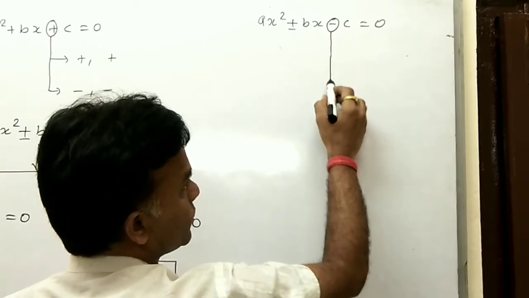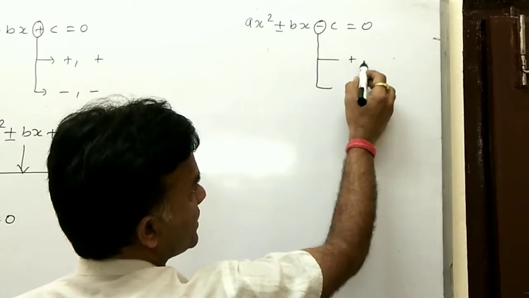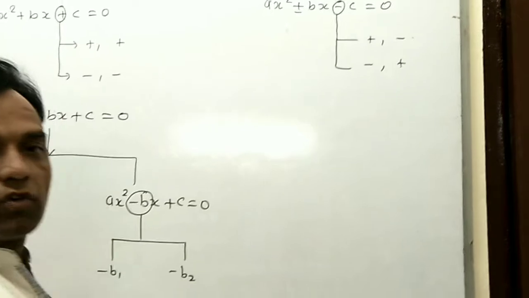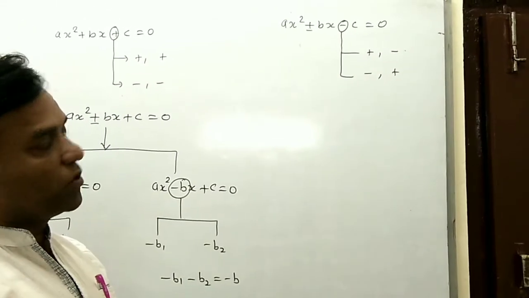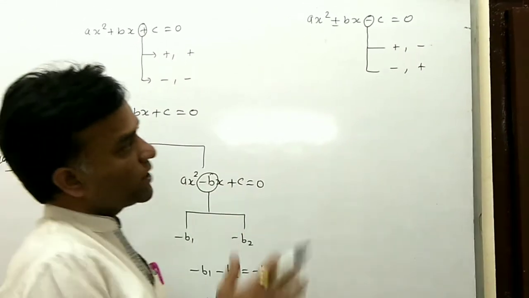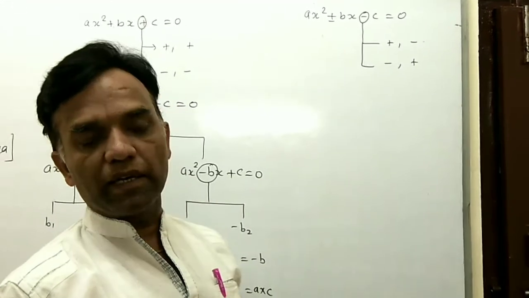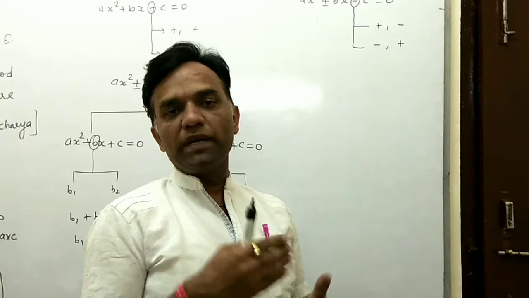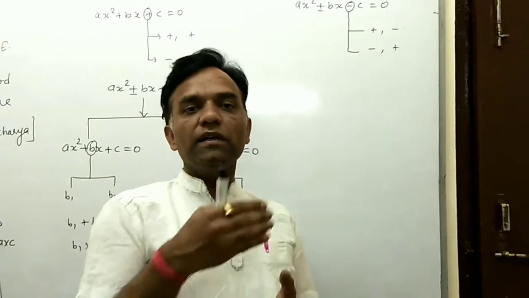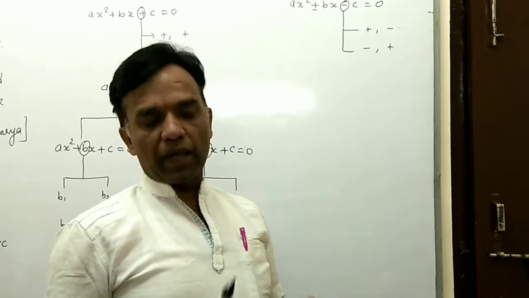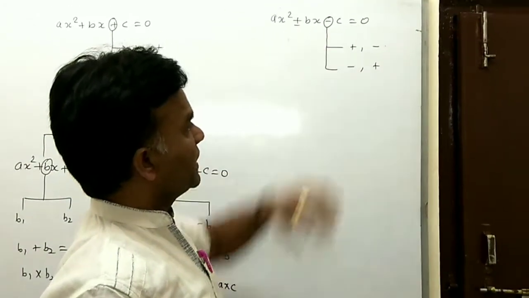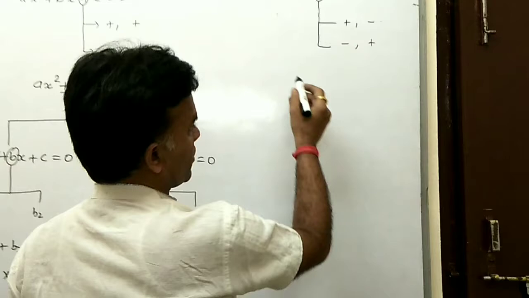So you again have two options, one positive and the other negative. You split the middle term into two parts, one positive and one negative, depending on the middle term. If your middle term is positive, you take the bigger number positive. If your middle term is negative, you take the greater negative number, and then you get the resultant value as in the split of the middle term. Okay, so two cases arise here.